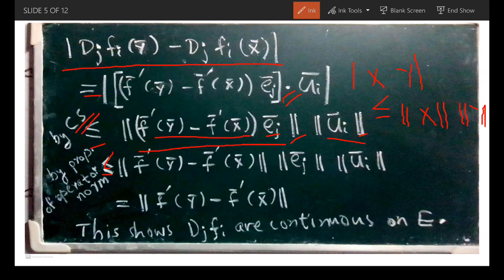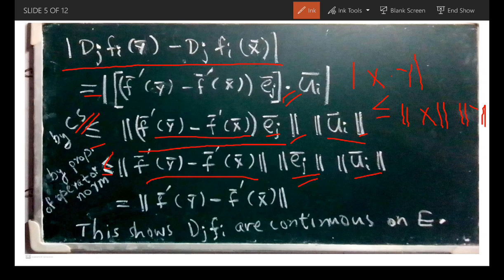That is less than or equal to the norm of the linear transformation, the operator norm, norm of f dash of y minus f dash of x into norm of the vector ej, where it is understood that this norm is the norm in Rn, the domain, into norm of ui.